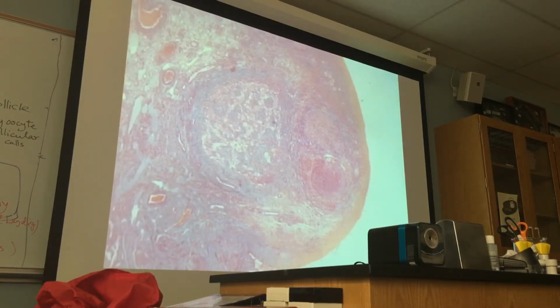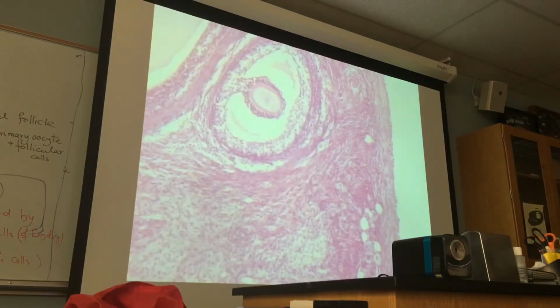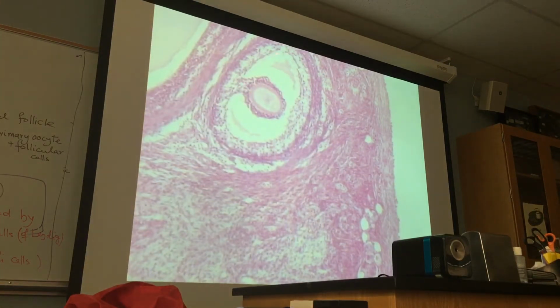Okay, we are left with only one slide now. You can see the antrum, you see the granulosa cells, you can see the corona radiata formed of granulosa cells. This is not a very late secondary follicle, this is an early secondary follicle.